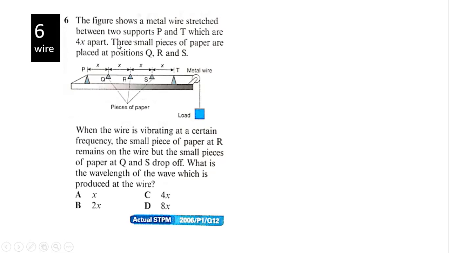It's stationary. 3 small pieces of paper placed at position Q, R, and S. When the wire is vibrating at certain frequency, the small piece of paper at R remains on the wire, but the small pieces of paper Q and S drop off. What is the wavelength of the wave which is produced at the wire? Okay, what's the answer?